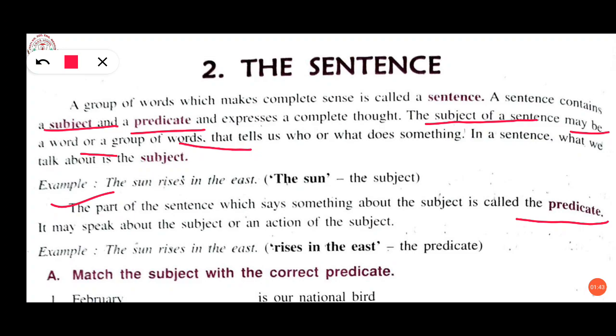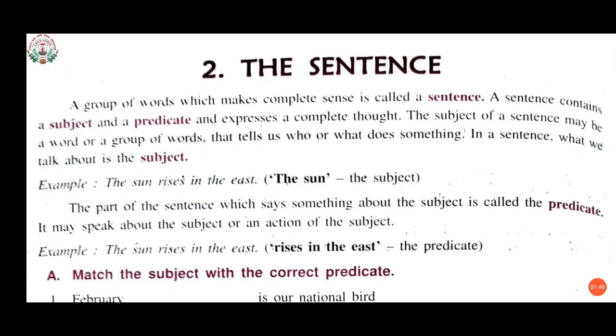Now we have gone through an example also. One example: the sun rises in the east. The sun here is the subject and rises in the east is the predicate. We have also gone through the four types of sentences.